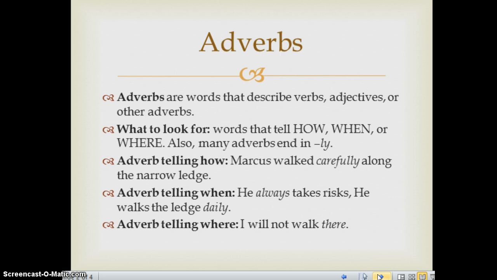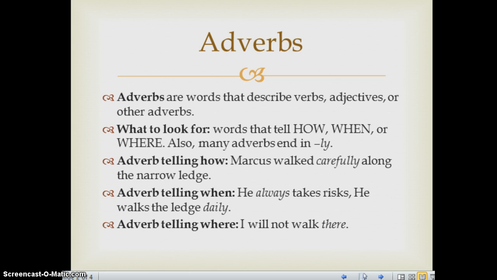He always takes risks. He walks the ledge daily. So we ask ourselves, what is the verb in the sentence? He always takes risks. Our verb is takes. Well, how does he take? When does he take? Or where does he take? The answer is when, and that is always.